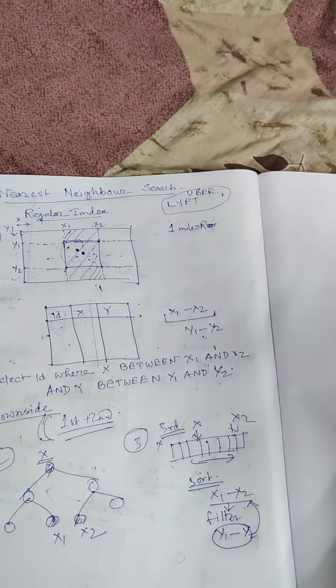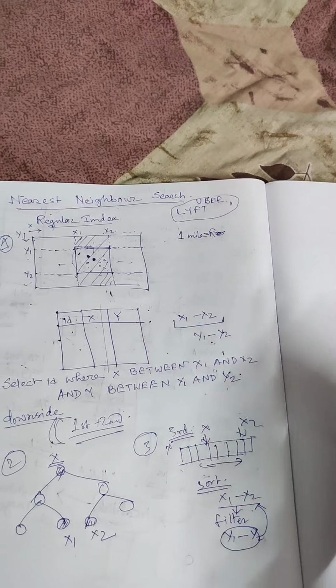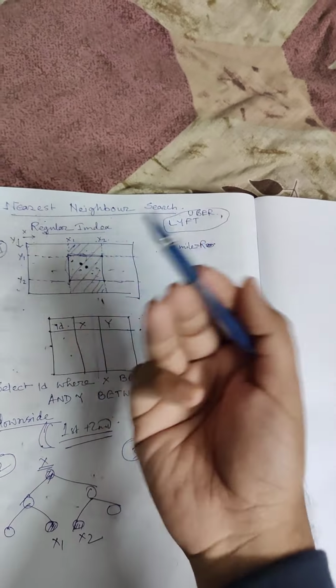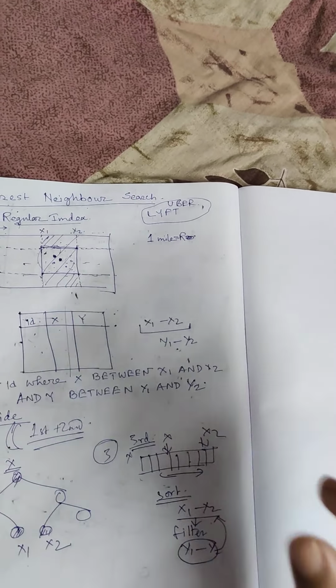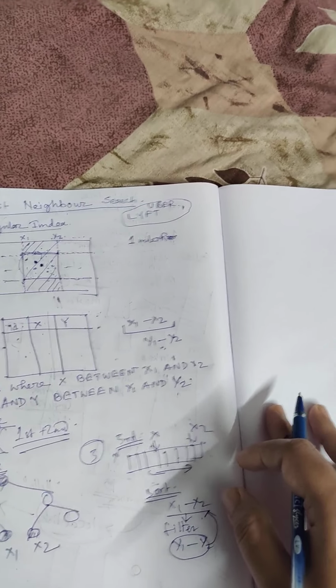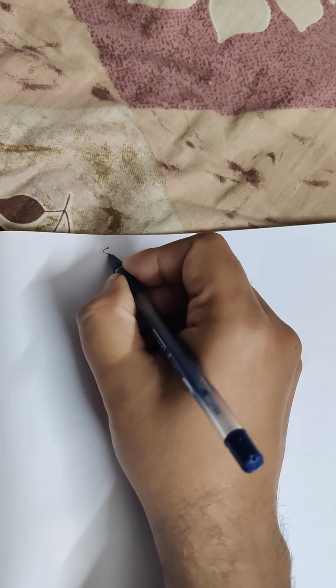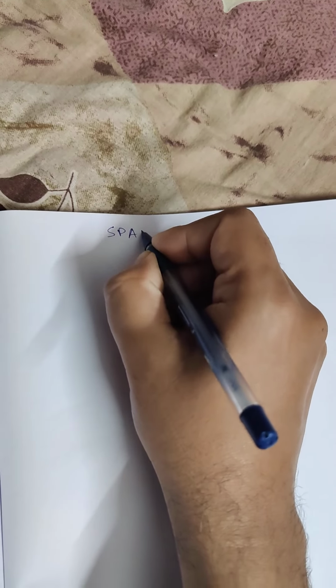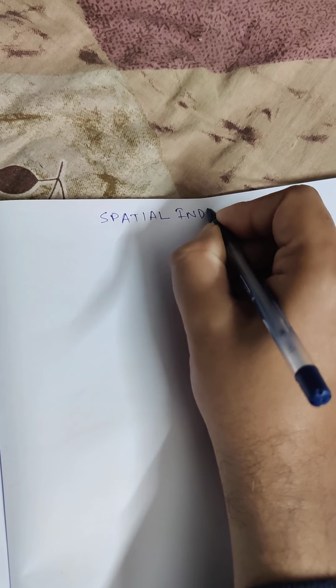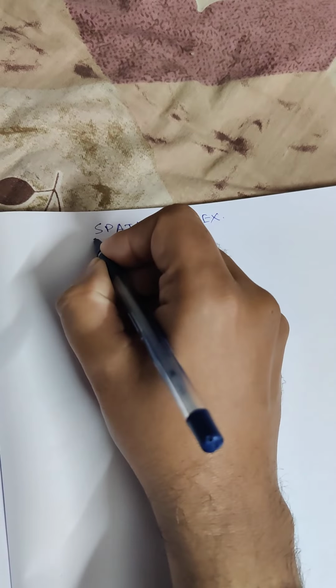So what is another approach we are talking about? That is kind of getting rid of 1D for something two-dimensional. Yes, there is something called spatial indexing, and spatial indexing is actually a 2D concept.